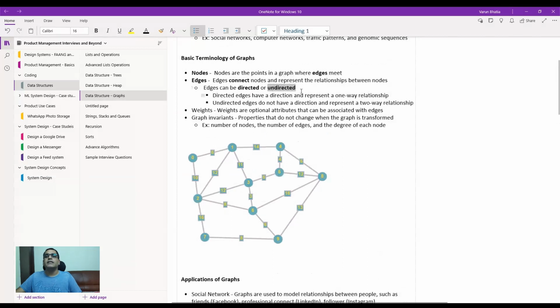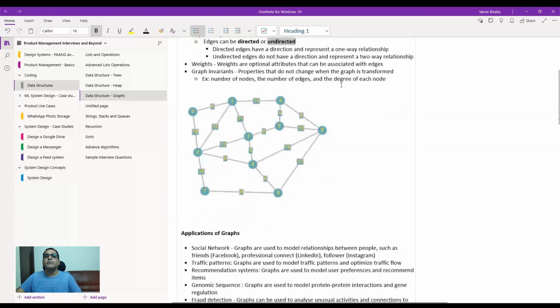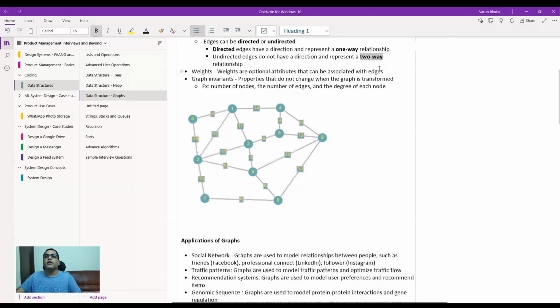What it means is that you can represent a one-way relationship, which means you have a direction, through the connection. Or if your edges are undirected, the relationship can exist both ways. So in this case, you are doing a two-way relationship. We'll look into what it means, but I just wanted to highlight the directed and the undirected edge types.